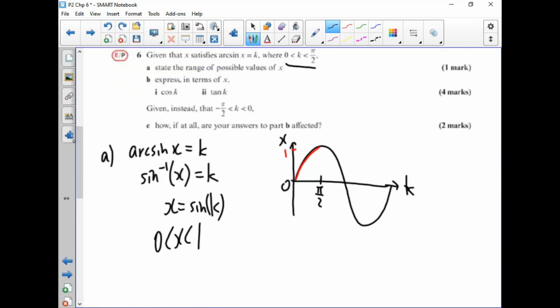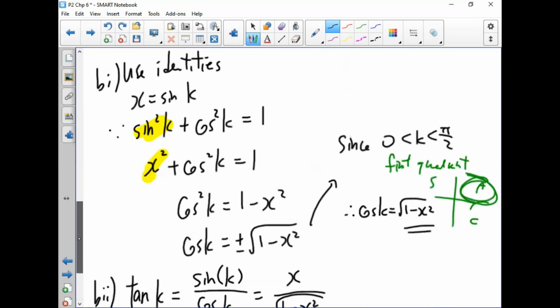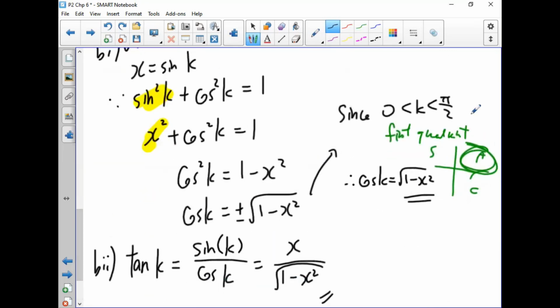Given instead that k is between negative pi over 2 and 0, how, if at all, are your answers to part B affected? Think about what I just explained. Which quadrant is k in now? If k is between 0 and minus pi over 2, that means going backwards, so we are in the fourth quadrant.